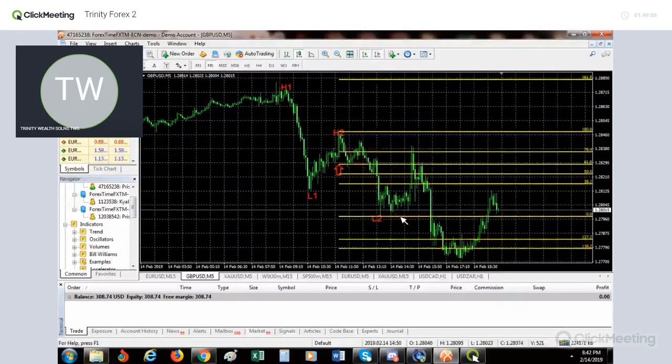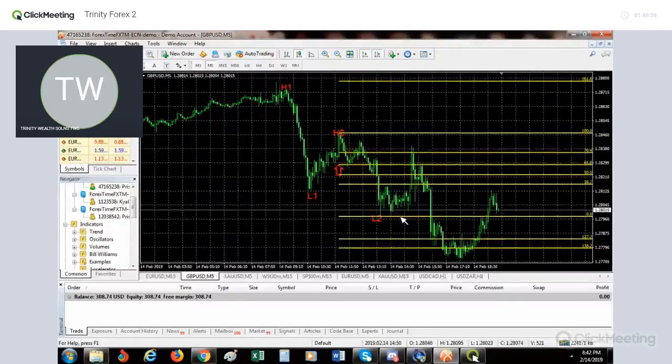So I pick my Fibonacci, I draw from H2 to L2, and true to my word, the market retraced to 76. So when you see this, we said in a downtrending market the lows get lower. But if the difference between the second low is so negligible, just a few pips, we expect a deeper retracement from L2.